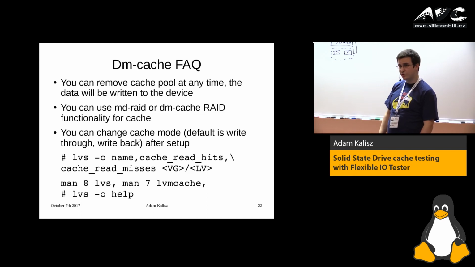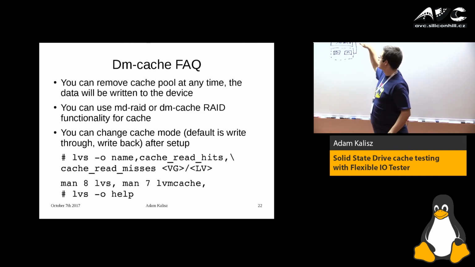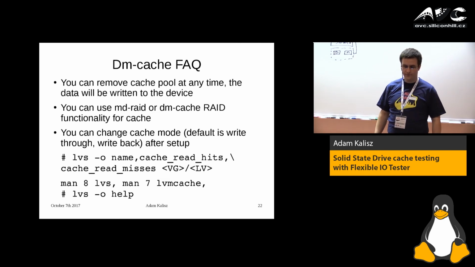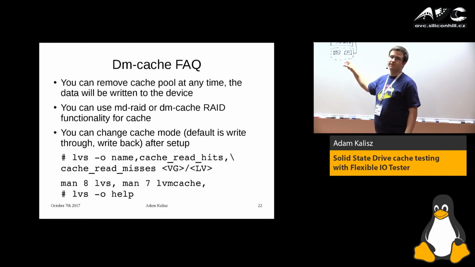You can change the cache mode while you are running. The default is write through. You probably want to use write back, so think about it. Write through means if you write something, it goes to the slow logical volume. If you use write back, it goes to the cache, and then that's it.